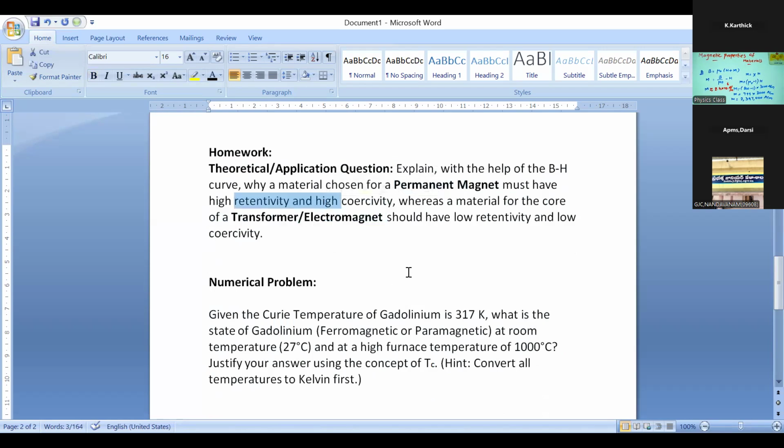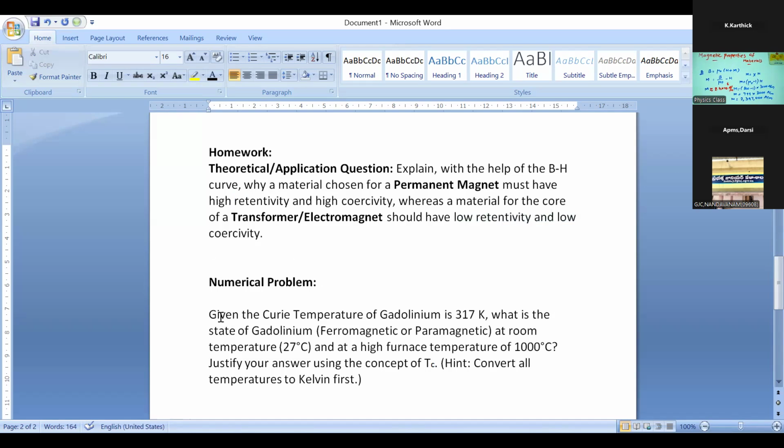Already we saw that. For an electromagnet, low retentivity and low coercivity. A permanent magnet, because an electromagnet means a temporary magnet. Whereas the material for the core of a transformer electromagnet should have low retentivity and low coercivity. So you have to explain with the help of the B-H curve.